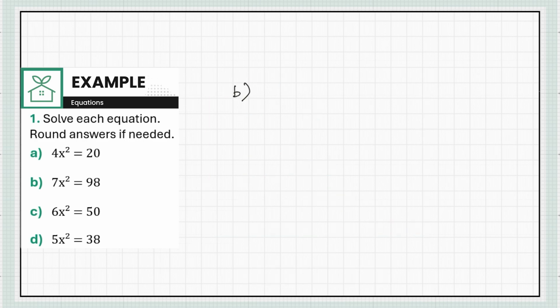Alright, looking at B, we have 7x squared is equal to 98. So we have to get rid of that coefficient, so we're going to divide both sides by 7. 7x squared divided by 7 just leaves x squared, and then 98 divided by 7 just leaves 14. Alright, that means x is going to be equal to plus or minus the square root of 14.